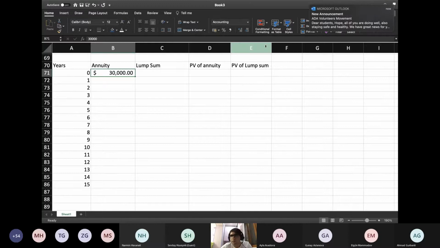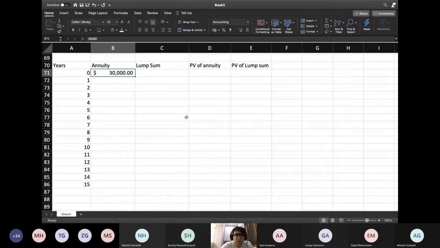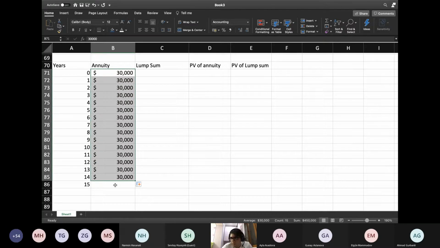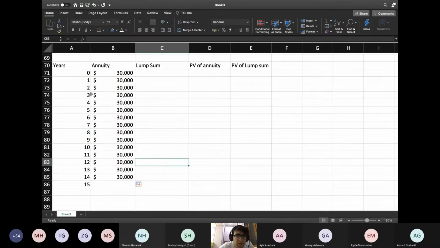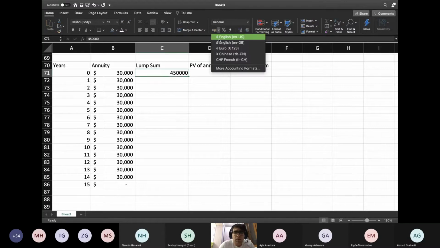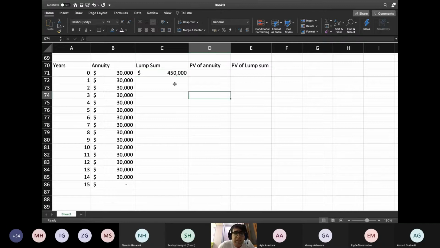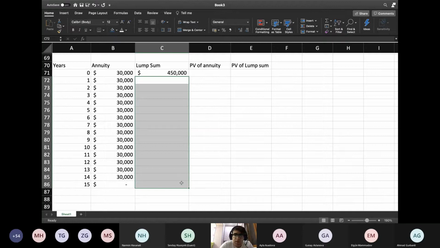It should have a dollar sign, and it will continue paying till year 14, because year 14 is the beginning of the 15th period. So we don't have any payments here. Just write 0, and in the second option we have the lump sum. We are receiving the lump sum today and no payments in all the other years.